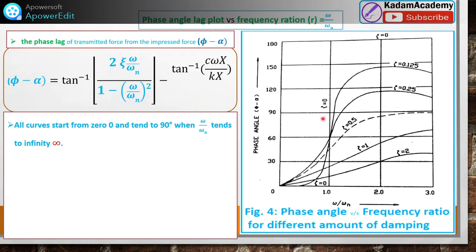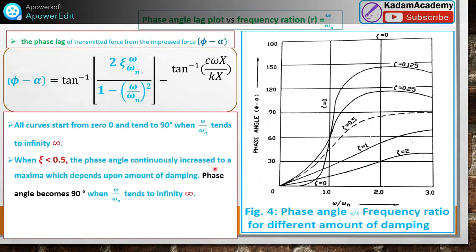So the damping factor zeta may be more, or zeta equal to 0. How is the performance? You can observe. And when the damping factor is greater than 0.5, how is the frequency ratio? You can observe. When zeta is less than 0.5, the phase angle continuously increases.